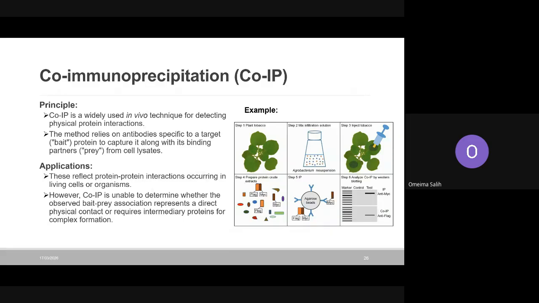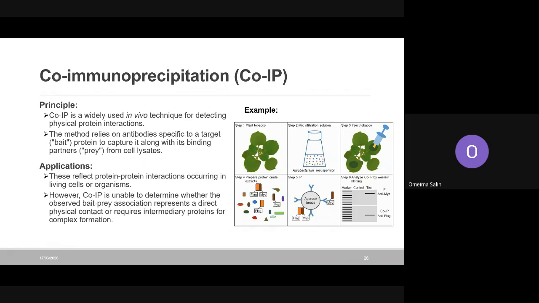then they extract this bacterium. It utilizes the tobacco, and then they prepare a crude protein extract, and it is labeled with different labels, probes. We call them probes, and then using the agarose we separate.